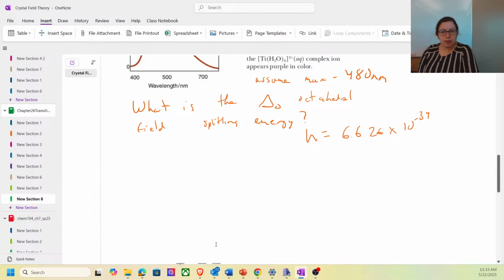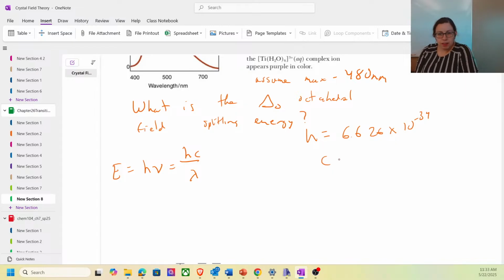I'll rewrite our relevant equations since it's been a minute. Don't forget the speed of light. Don't forget to convert that. All right, I'll give you all a second.